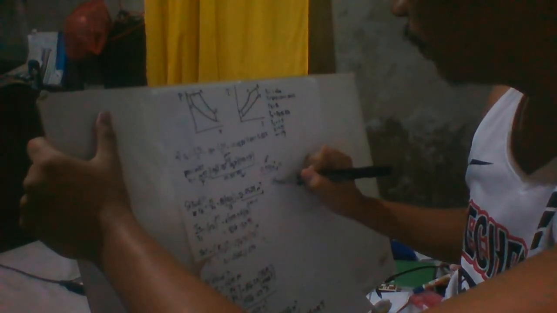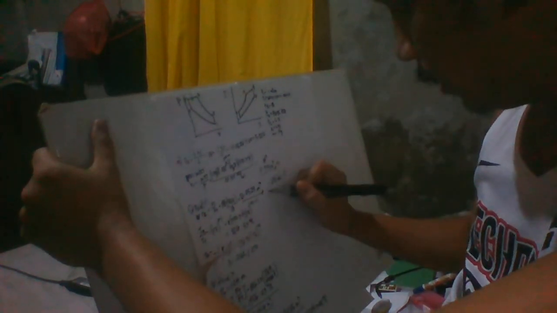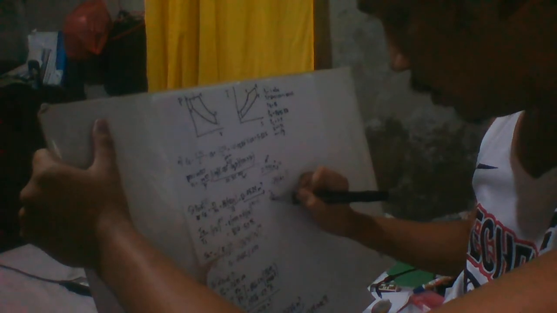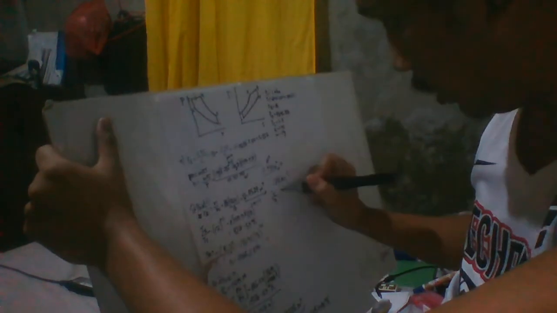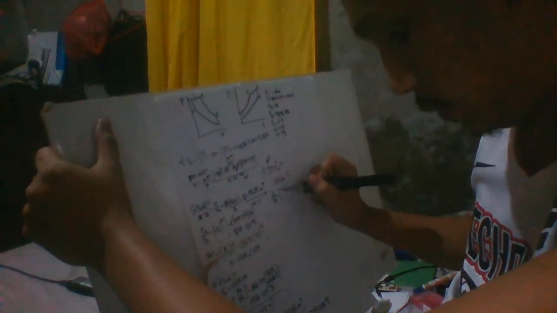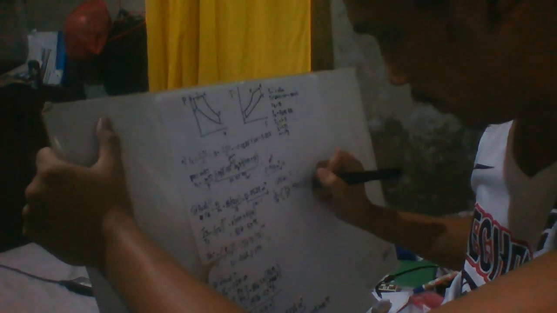State 5. By the relationship again, temperature 5 over temperature 4 equals the volume 4 over volume 5 raised to k minus 1.